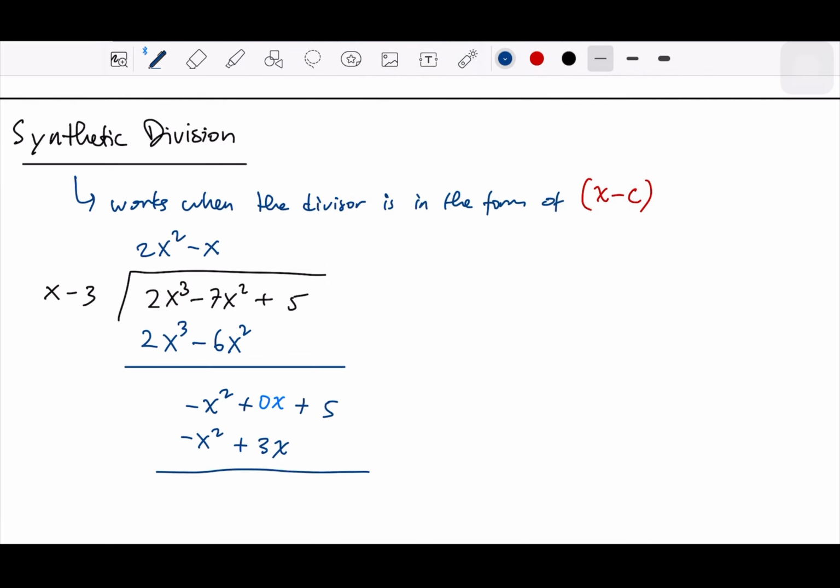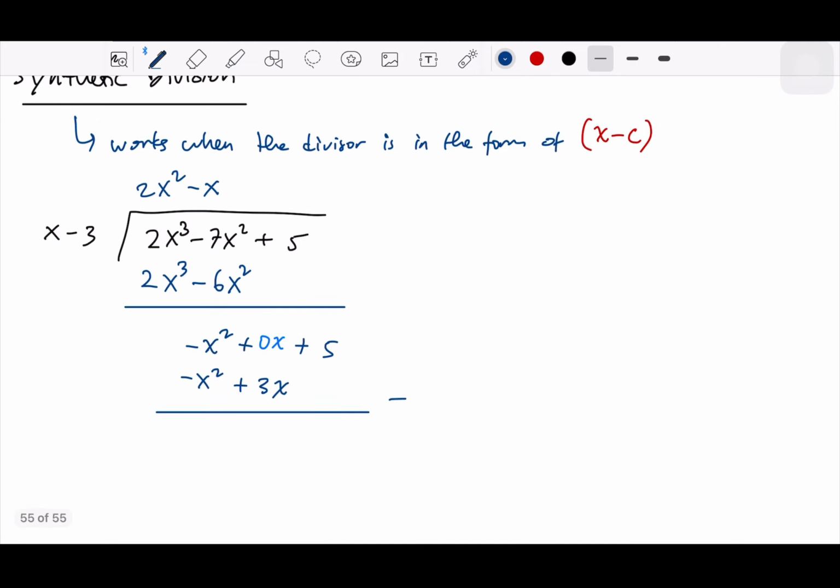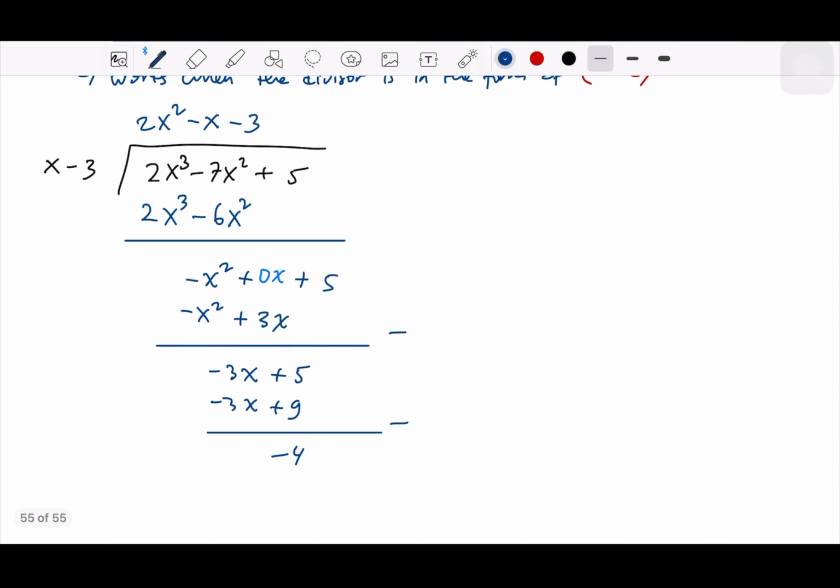So we have negative 3x plus 5, and then we have negative 3, and we have negative 4. So the remainder is negative 4, sorry. This is the remainder, and this is the quotient.